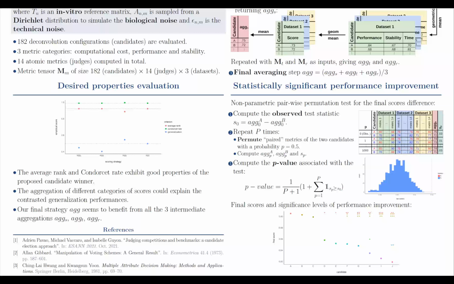We can compute the p-value of the test as the proportion of permuted test statistics greater or equal to the observed, non-permuted, test statistic. On the graph below, we can see the results of this test, with 3 top candidates not significantly different from each other, whereas the top candidate is significantly different than all the other ones.